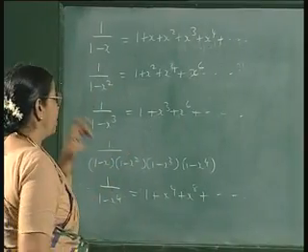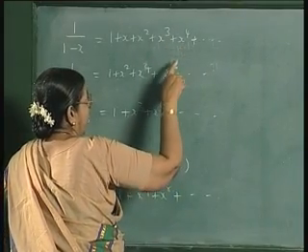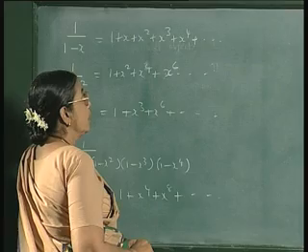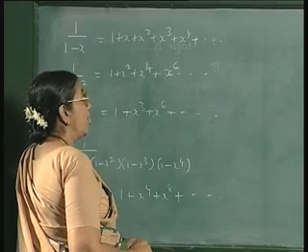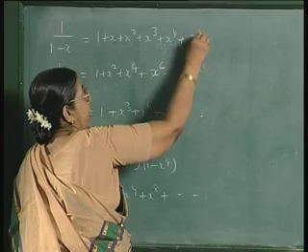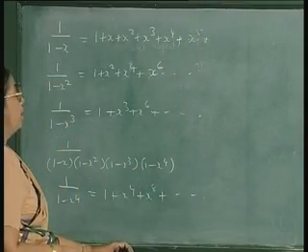This has meaning when you see, for example, when you consider the coefficient of x power 4, that will give you the value correctly up to 4 only. If you consider 5 and all that, that may not have any meaning.